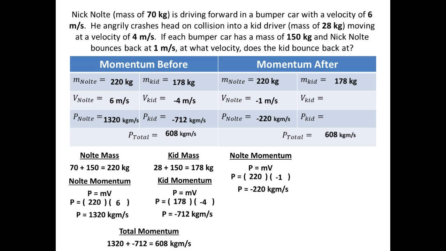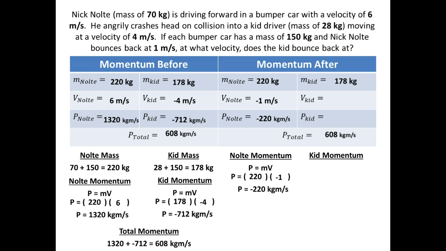We need at least two to find the third. However, I do know the total momentum of both objects. The total momentum is calculated by adding the momentum of each individual object. So if I know one of the object's momentums and the total momentum, I can find the other object's individual momentum. So I'm going to find the kid's momentum.